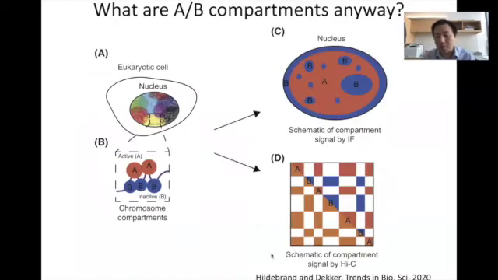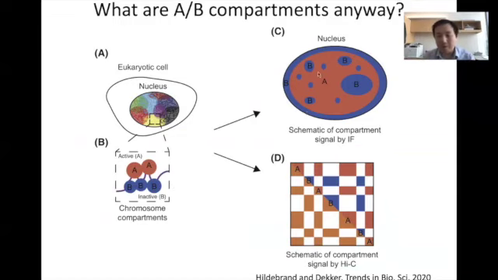This is a very nice review written by Job Dekker last year. In the beginning, you have your cell. This is the cell nucleus, with different chromosomes or chromosome territories, and essentially A and B. A is more active, meaning they are relatively closer to the inside of the nucleus. And compartment B is closer to the outside, to the nuclear envelope, to the lamina, meaning B is more repressed.